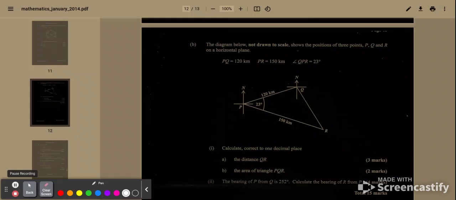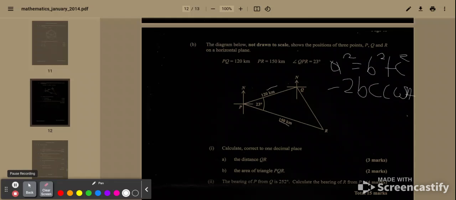Now the formula for the cosine rule is a squared is equal to b squared plus c squared minus 2bc cos A. With the cosine rule, we're trying to find side a. Whichever side we choose as b or c does not matter.